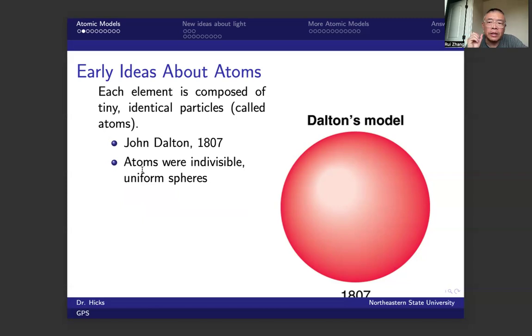Basically, atoms are very small particles, so you cannot see them normally, but if you cut your material all the way, eventually you reach an atom. They're indivisible and uniform spheres, just like this. This was in 1807.